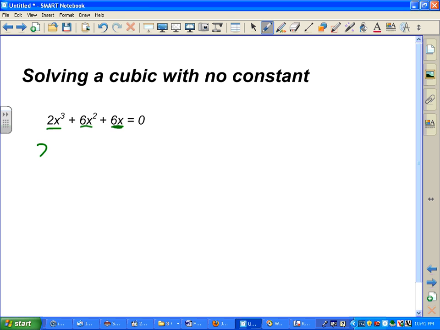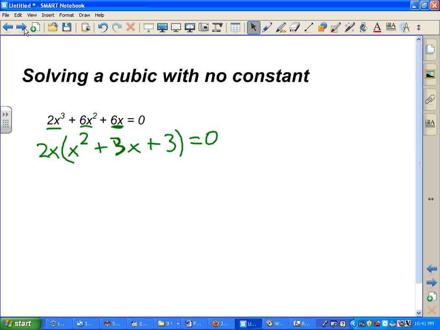Okay, so if I factor a 2x out of both, which just means I'm doing the distributive property backwards, this is going to leave me with x squared plus 3x plus 3. And that's going to equal 0. Okay?